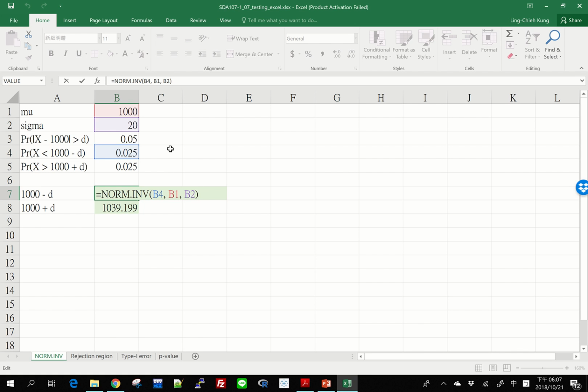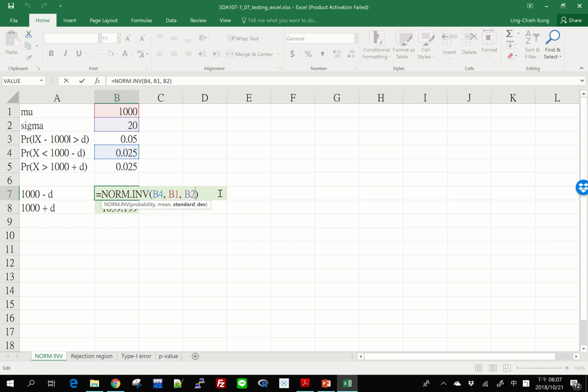So in Excel, there is a function that allows us to do that. The function is called Norm.Inv, normal inverse. That means if you give this function a left tail probability as the first argument, and you also tell the function the mean and the standard deviation of that normal random variable, then this function will tell you the cutoff such that the left tail probability is the probability that you want.